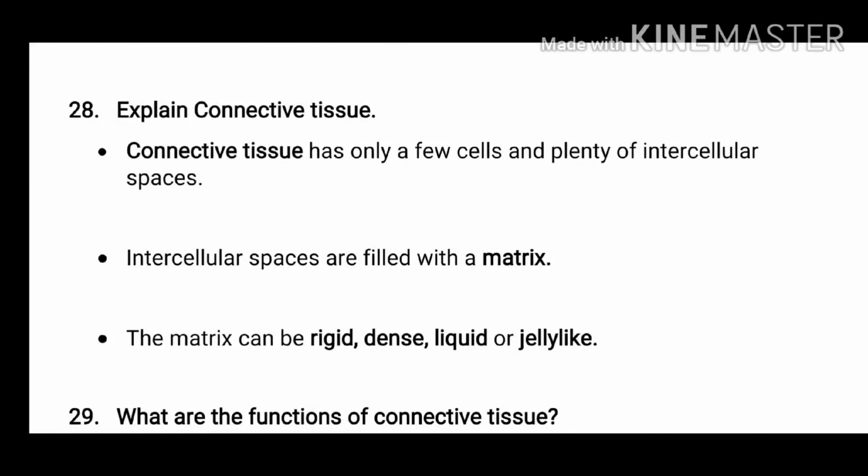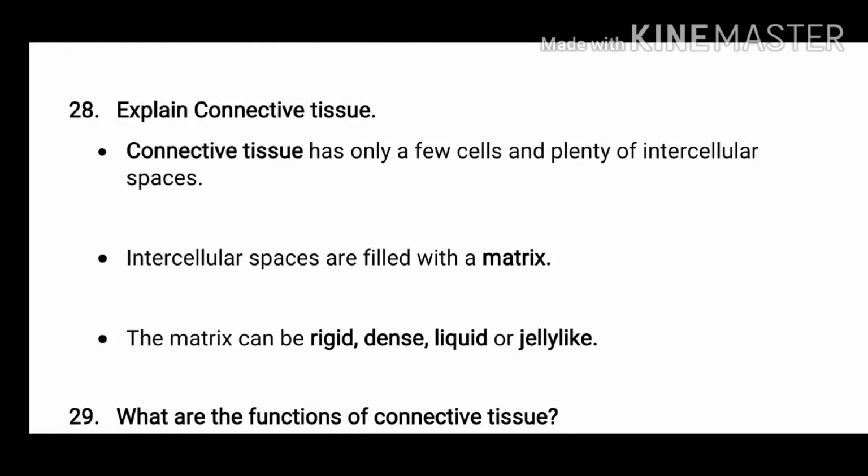So this particular tissue is made up of protein fibers, namely collagen and elastin, and also cells such as fibroblasts. Where is areolar tissue found? Areolar tissue is found as a continuous layer under the skin. So it is found under the skin in the form of a continuous layer.